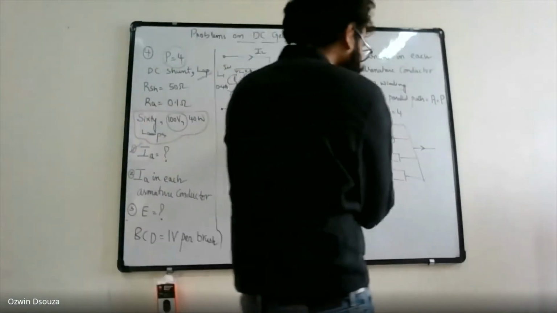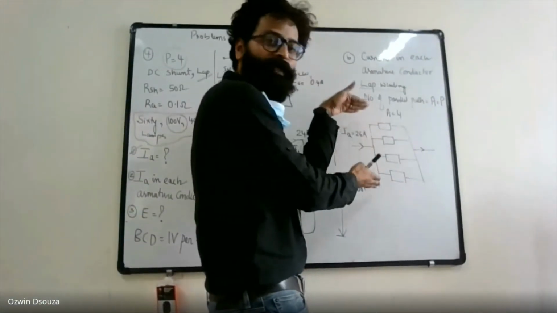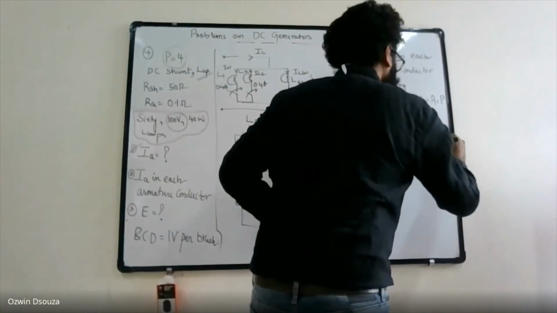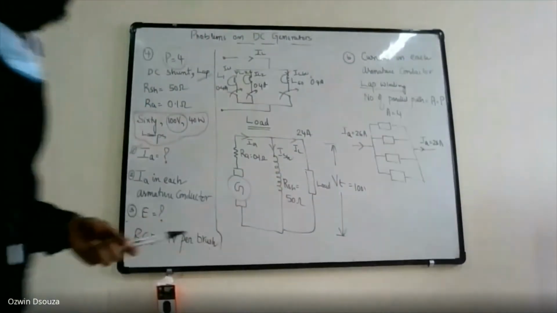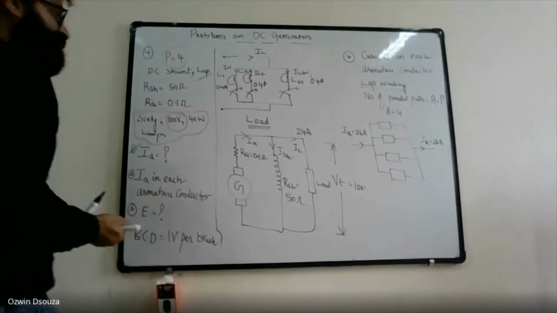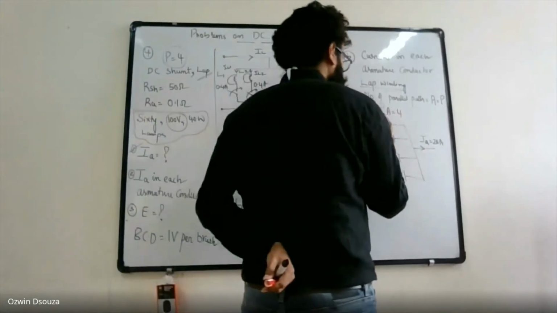The armature current gets in, gets divided into 4 parts, and comes out as IA equal to 26 amperes. And what are you supposed to find out? The current in each armature conductor. That's all.